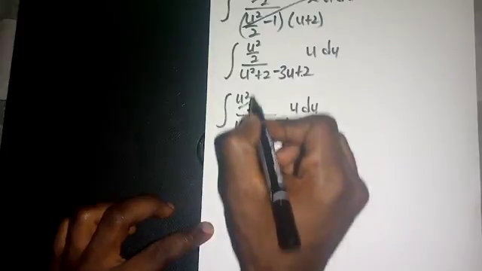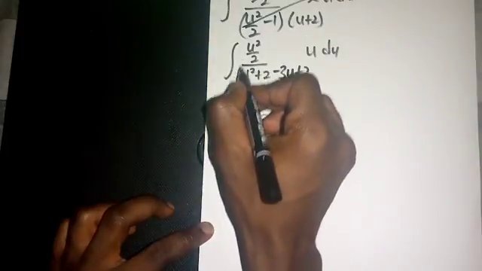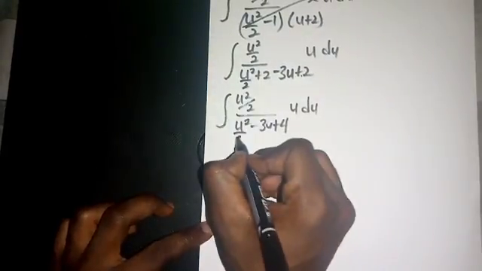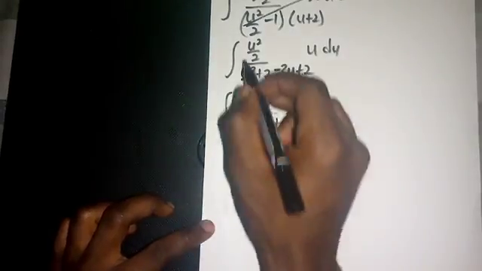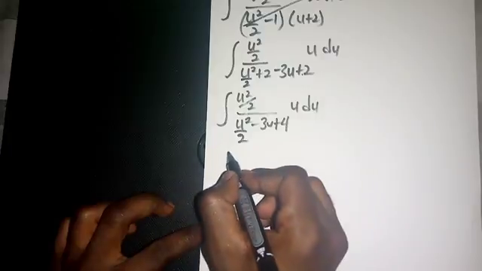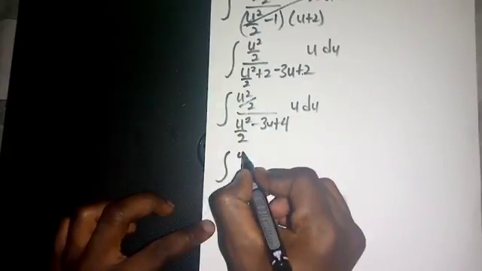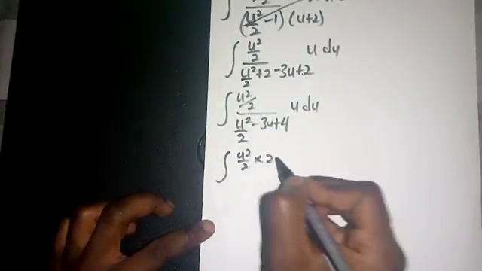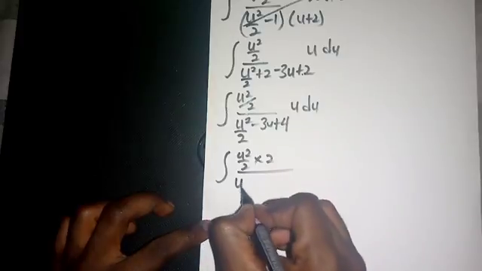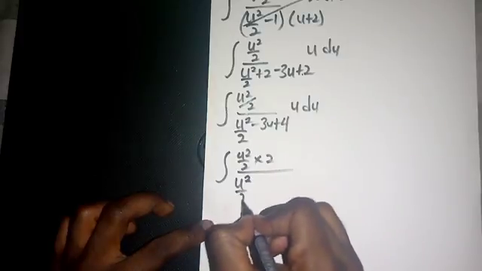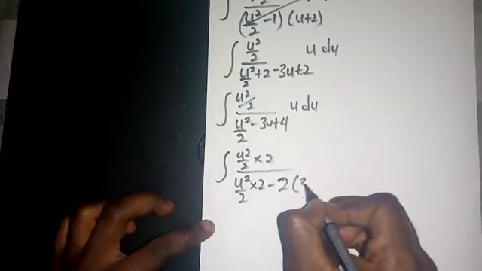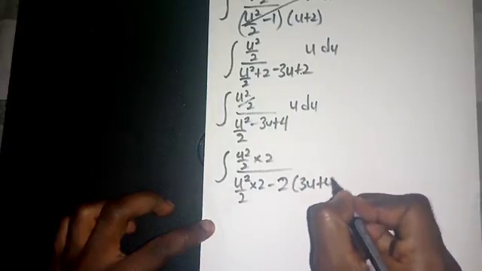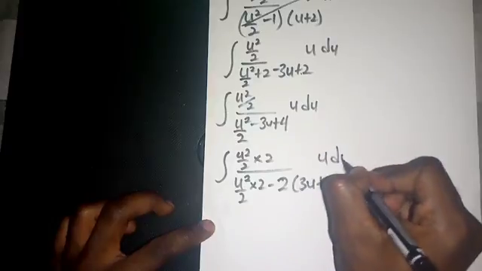Alright, so this is what we have. Remember, it is over 2, so we multiply both the numerator and the denominator by 2. Multiplying by 2, we have u squared over 2 multiplied by 2, then u squared over 2 multiplied by 2, then 2 multiplies 3u plus 4, then still du.